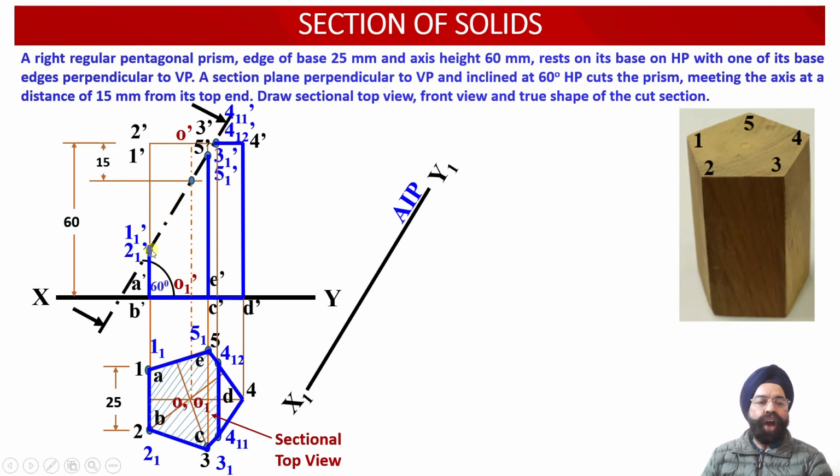Now, from all of these 6 points, we need to draw perpendicular projectors onto this auxiliary inclined plane, and the projections obtained onto the auxiliary inclined plane, that is the auxiliary plan projections, will provide us with the true shape of this cut section over here.